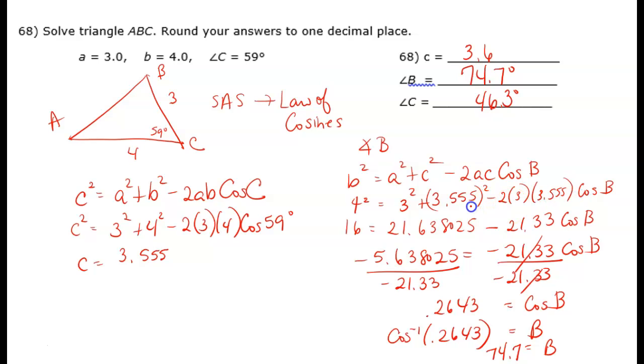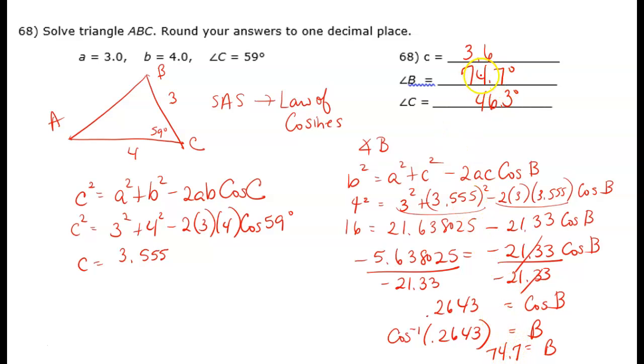When you're solving for this, keep in mind that you want to combine these two together, and that's going to give us this value, and then combine these together, and it gives you this value. So then we're going to subtract this from both sides, and then divide this away, and we get cosine of B equals this decimal. Do the inverse cosine of both sides, and we get 74.7 degrees.